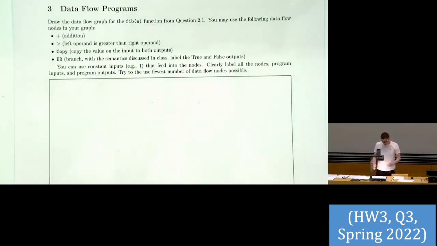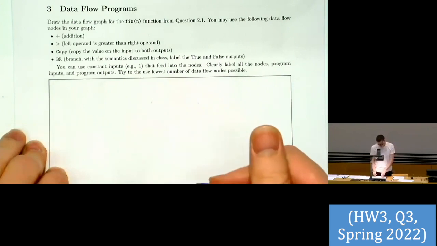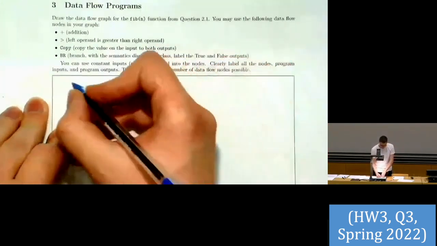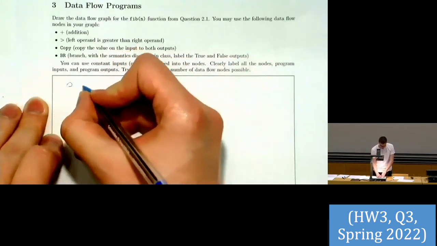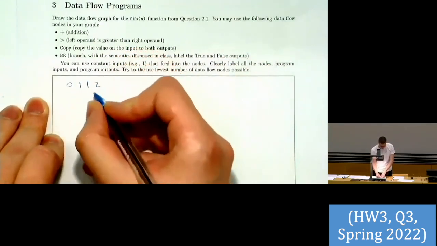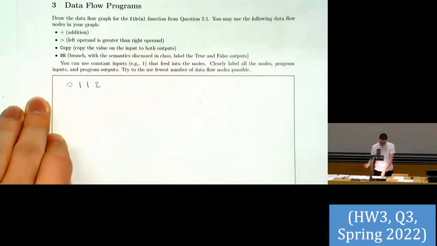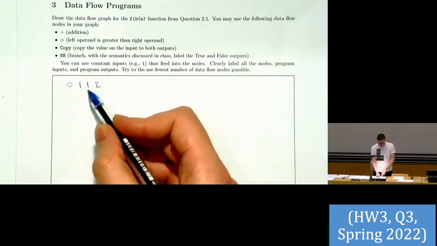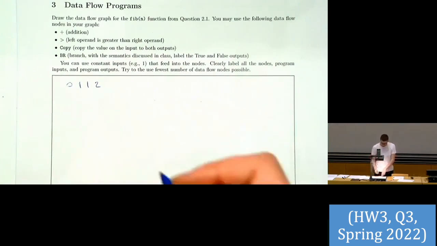Just a quick reminder about Fibonacci. It is a series of numbers which goes like 0, 1, 1, and then 2. Basically, except for F0 and F1, each number is the sum of the previous two numbers, right?